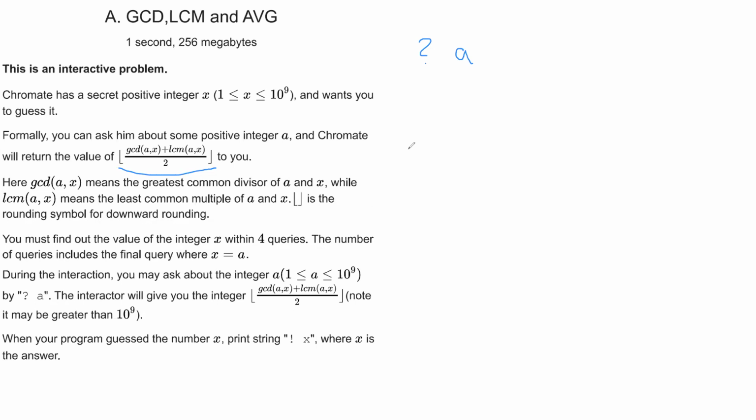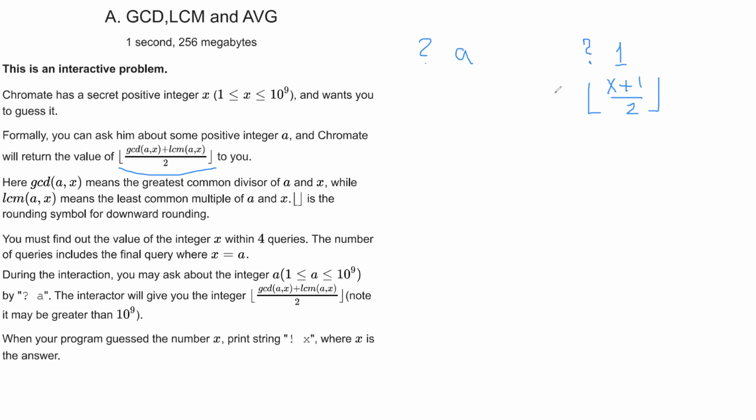So what is the solution? The solution is quite simple. The first question will always be question mark 1, and the answer will be (x plus 1) divided by 2, because GCD of x and 1 is 1, and LCM of x and 1 is x.